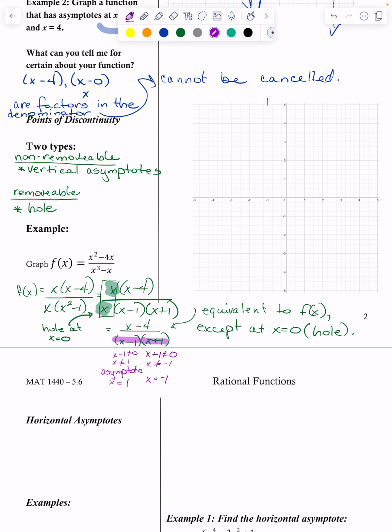So I'm going to sketch in my asymptotes here. X equals -1, x equals +1. And then I'm going to take a look at what other information I have.